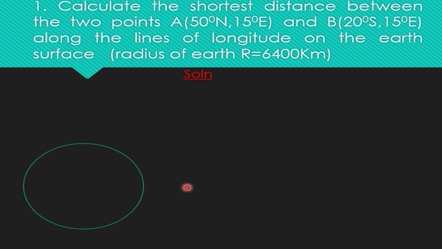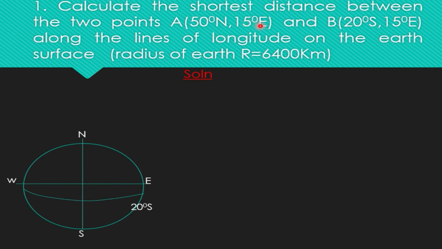We first have to draw the circle. Get your north, south, east, west. That's the cardinal points. Now draw your degrees on it. So 20 degrees south. You see the south is over here. 20 degrees south, which is the latitude.